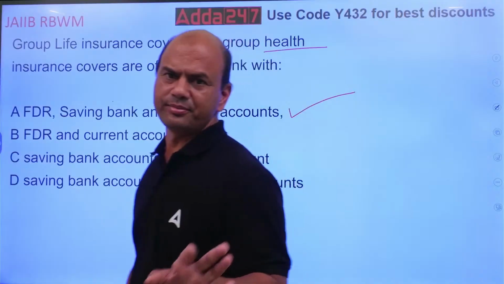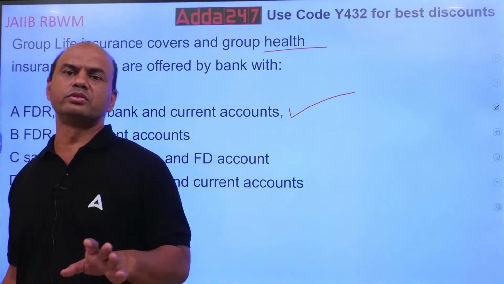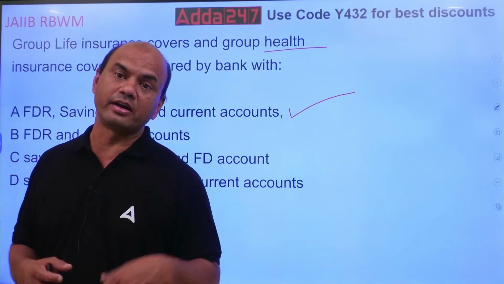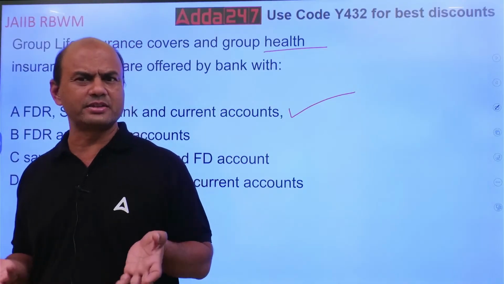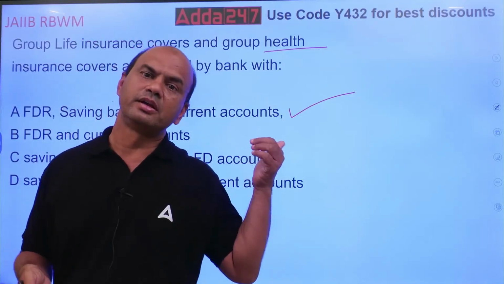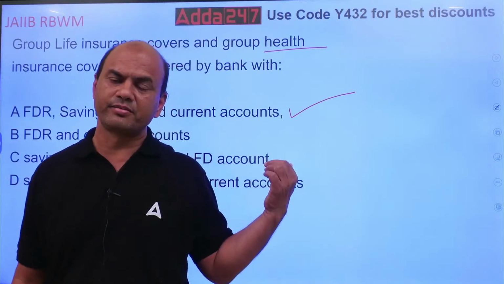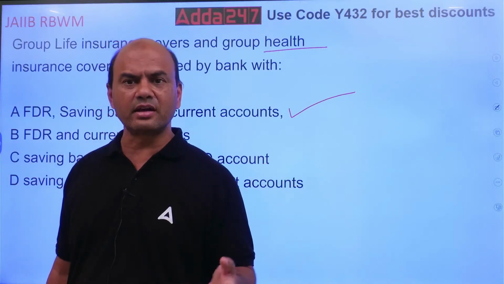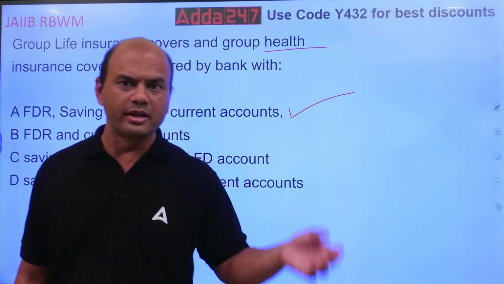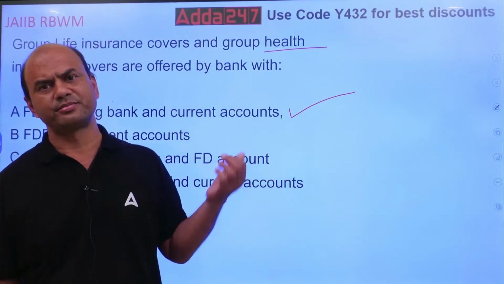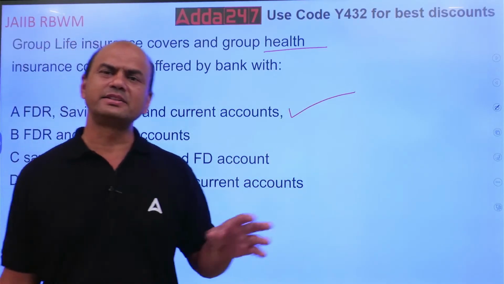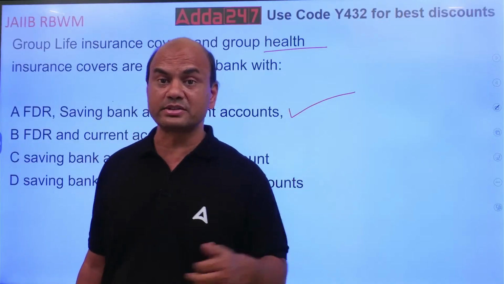Very simple. If my bank has fewer FDRs and wants to increase them, health insurance with FDR. If I want to increase my CASA, current and savings accounts, health insurance with CASA.